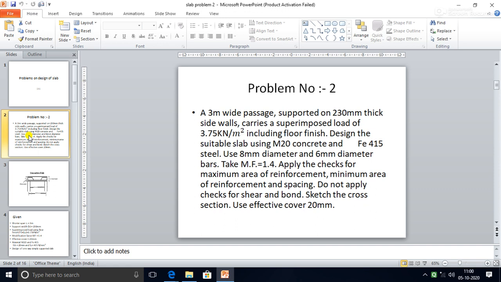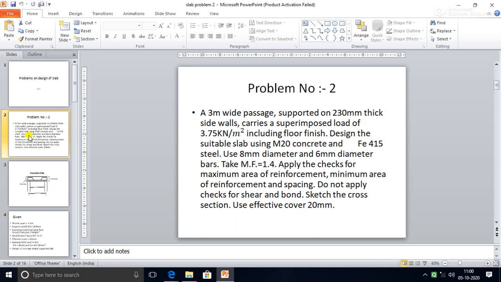See, here one extra step we have to add: check for maximum area of reinforcement, minimum area of reinforcement, and spacing. Do not apply checks for shear and bond. Generally, for a one-way slab, check for shear and check for bond is not required. Keep in mind.